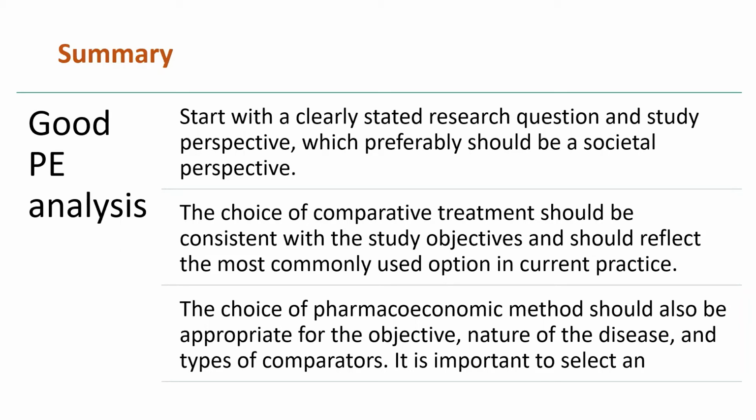The choice of comparators should be consistent with the setting, with the real life standard of care, with the study objective, and with the indication that you're studying. And the choice of economic method you are conducting should be appropriate to all the above: the objective question, the nature of the disease, and the comparators that you are considering. Next, please.